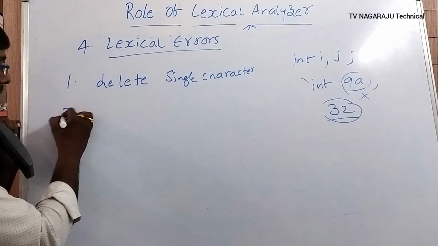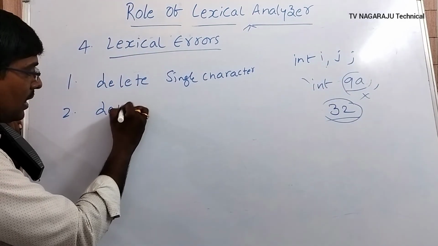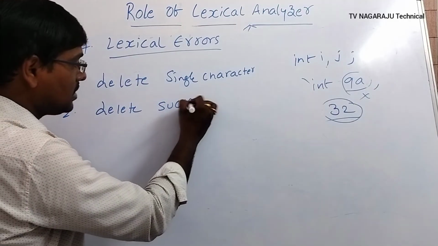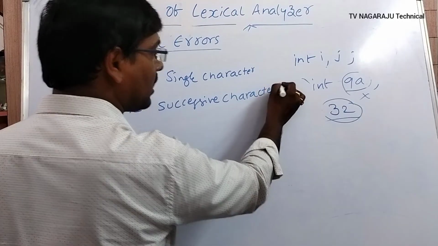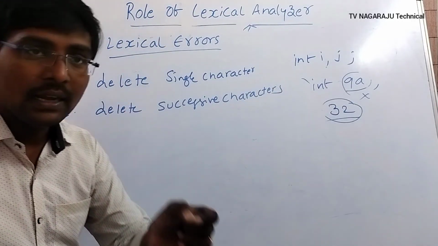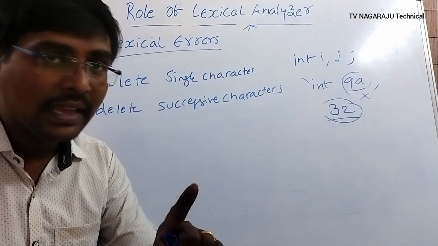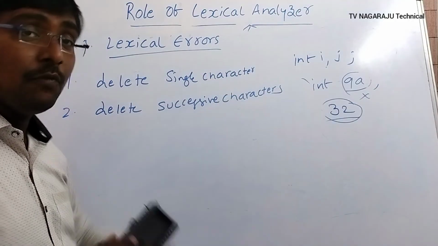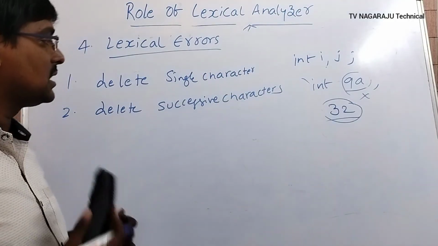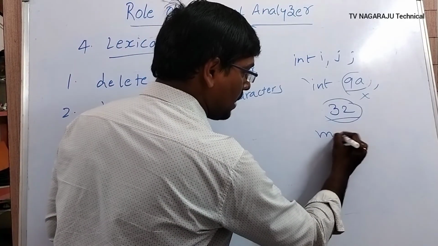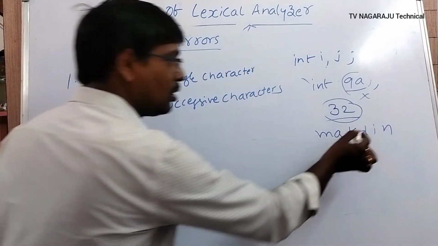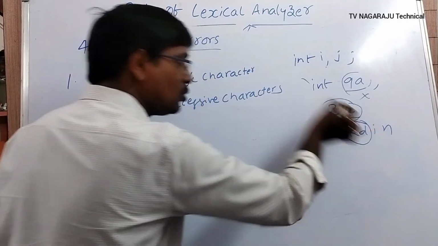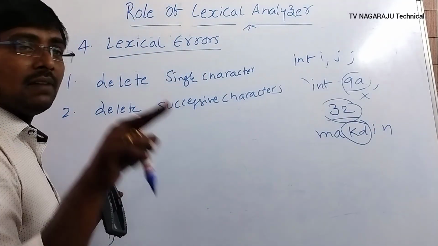Delete a single character, or you can delete successive characters, not only a single character. If your token contains only one invalid character, you can delete it. Or if it contains more than one successive invalid character, for example MAKDIN, once you delete these successive characters, main is the valid token.